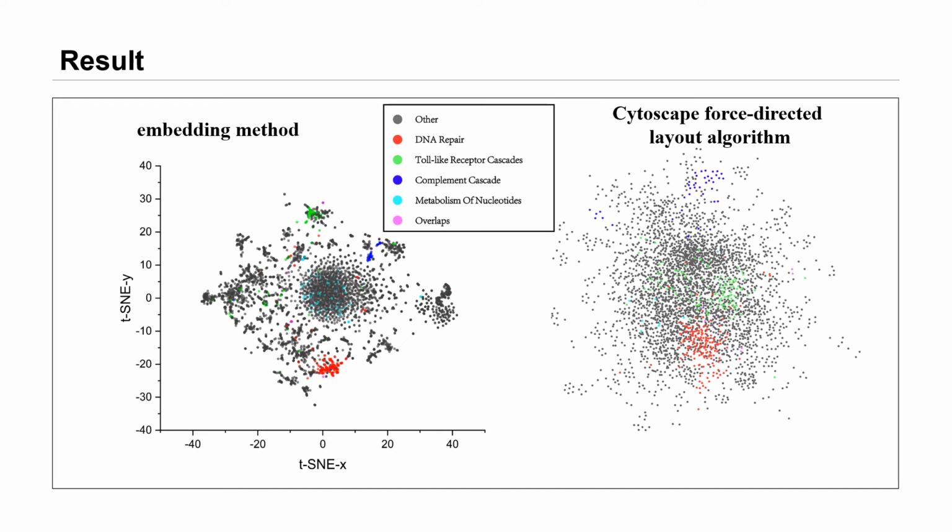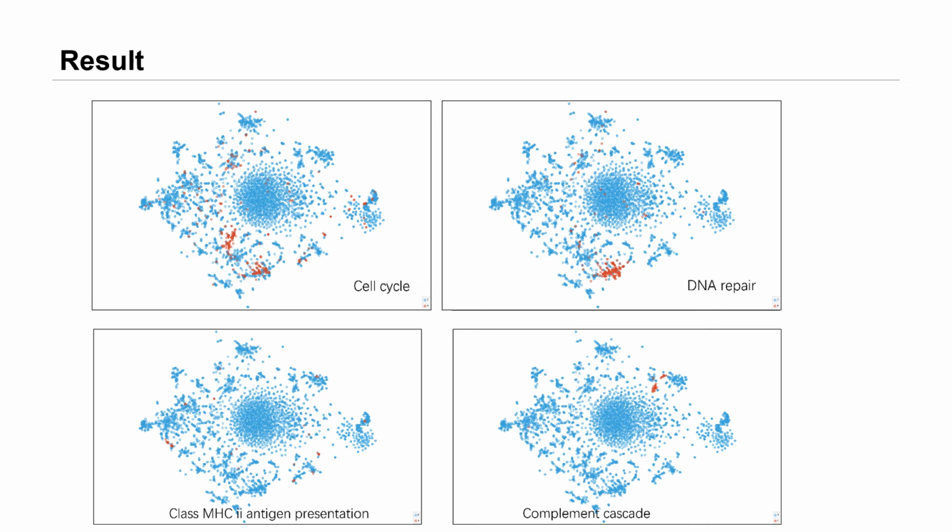Figures show that the graph embedding algorithm is significantly better. It seems obvious in the figure that, by our method, the majority of genes involved in the DNA repair pathway are clustered together.